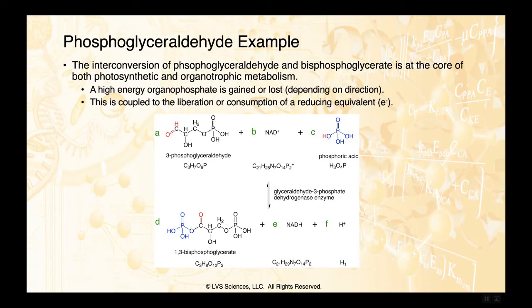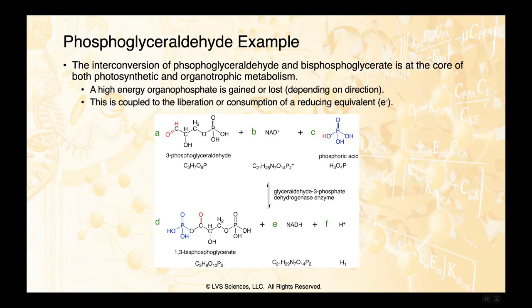So this is a key step in the Calvin cycle of photosynthetic organisms, and it's a critical step in entering the TCA cycle or the Krebs cycle in aerobic organisms. So it's present in both sets of organisms.